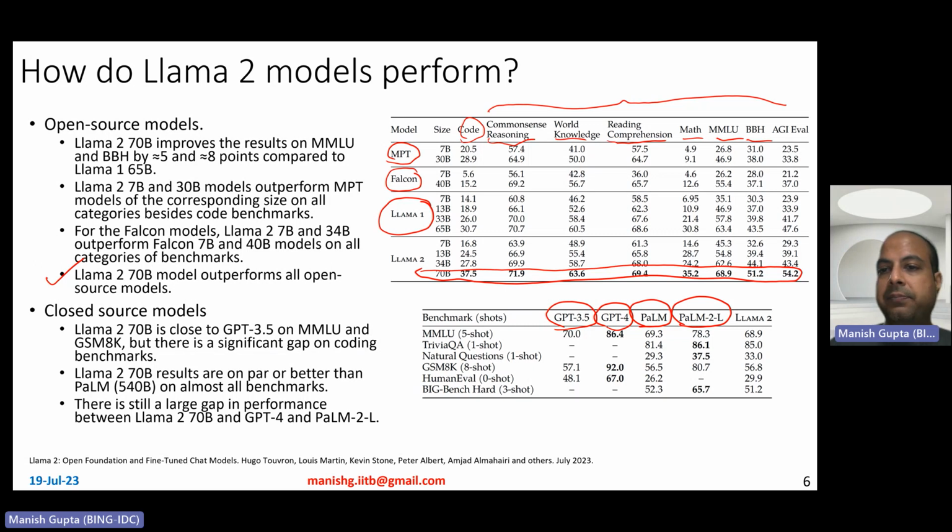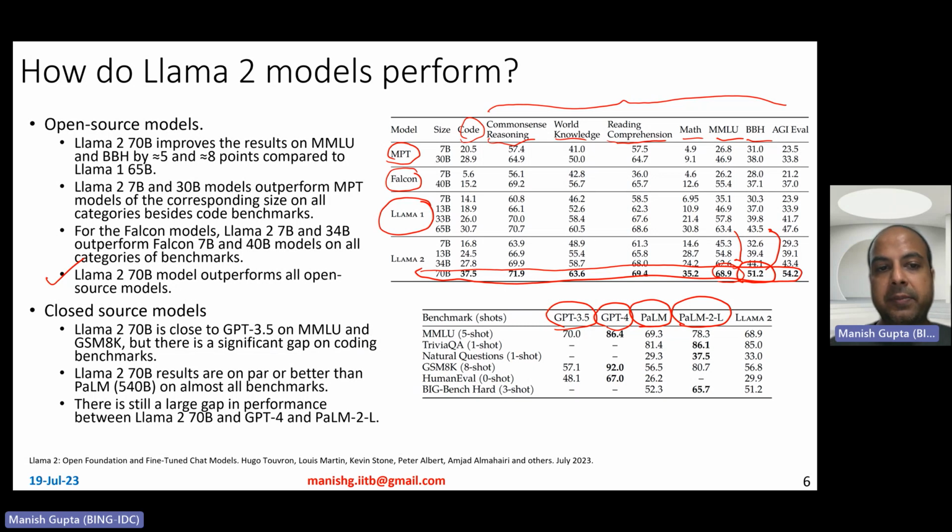You see there are so many different benchmarks being compared. On MMLU specifically, Llama 2 70 billion improves by 5 points compared to the best competitor, which is basically Llama 1. And on BBH, Big Bench Hard tasks, it improves by 8 points, which is a significant jump compared to what was possible using open source models so far.